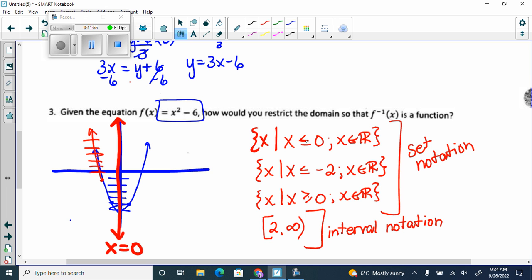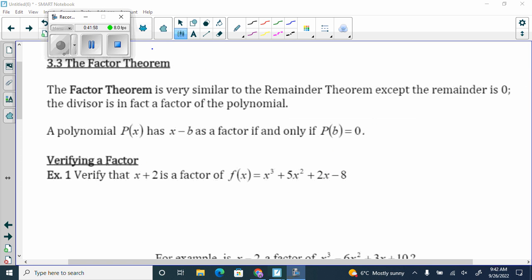All right. I am going to hand out polynomial. So at the factor theorem. So the factor theorem is similar to the remainder theorem. What we really need to know is if something is a factor, the remainder is 0. So if this is a factor, we know that the remainder is 0.